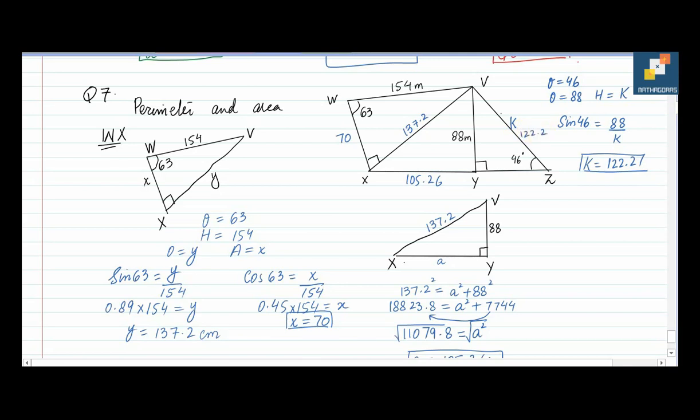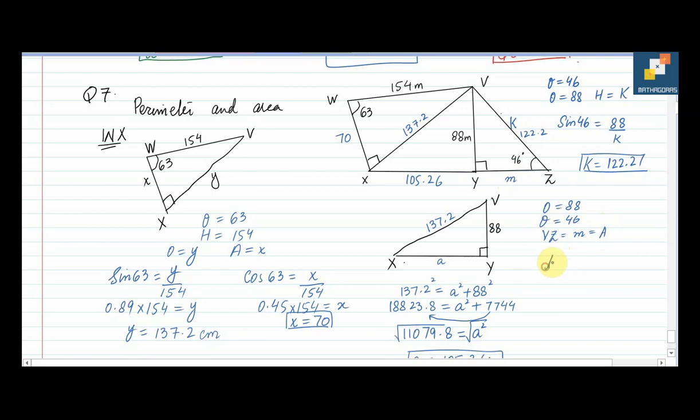Now the only length that is left is the length of YZ, right? For YZ, I'm going to take triangle VYZ. If this is my angle, then this length is opposite. So opposite is 88, angle is 46, and the length of YZ is M. So opposite I know, adjacent I need to know. So opposite and adjacent appear in which formula?